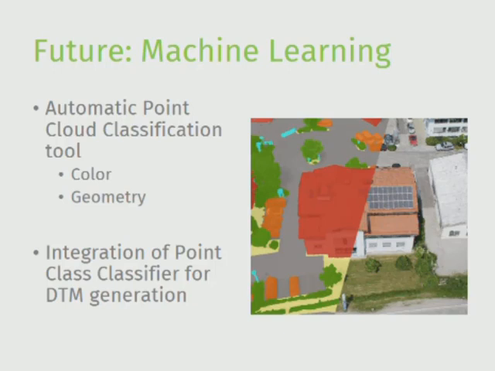Pix4D has a linear rolling shutter optimization tool where if you're taking your images with a camera that you know has a linear rolling shutter, we will fix for that, but you need to tell the software that the linear rolling shutter is the camera model that you're using.